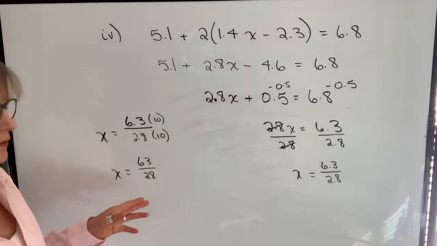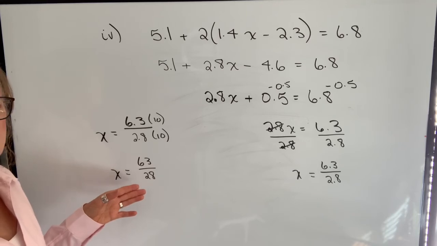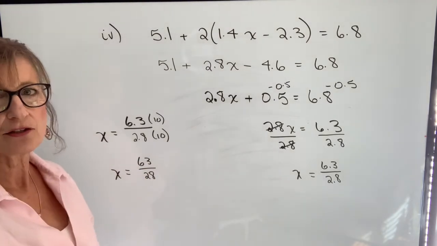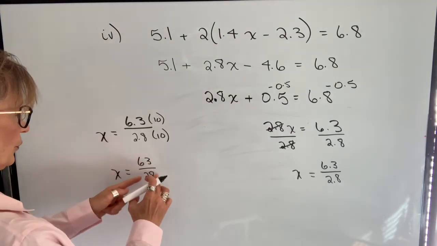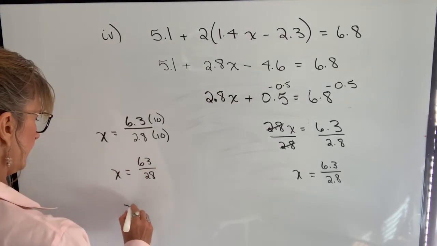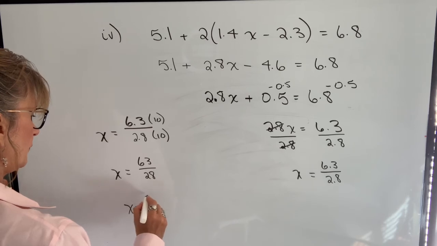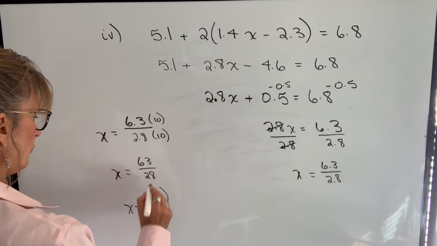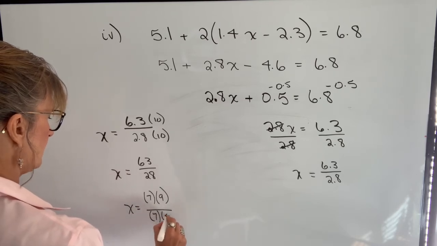And remember, anytime you're dealing with fractions, you always want to see if it can be reduced, which means, is there a common factor in both the numerator and the denominator? So we can think of 63 as being 7 times 9, and 28 as 7 times 4.